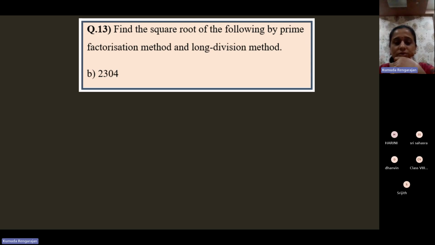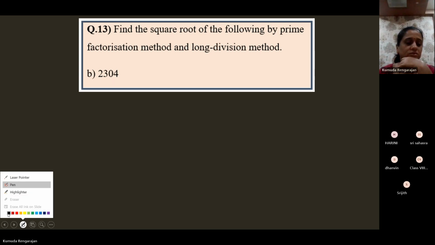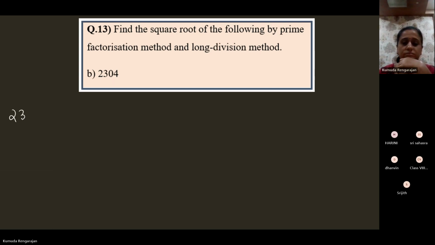Yeah, what's the answer for this one? How do you express 2304 as a product of its prime factors? Ma'am, we didn't complete it yet. Okay, fine.